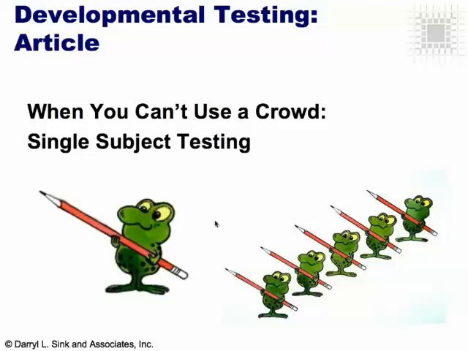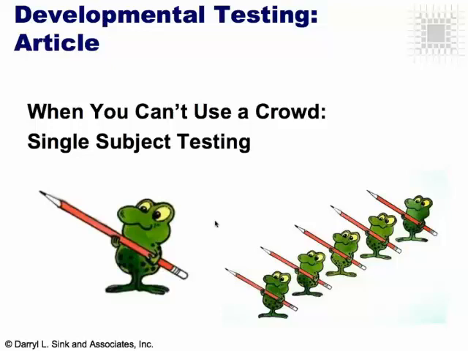Now, here's why small group testing or single subject testing is so important. It's the number of revision cycles you get through that improves the program, not how many people were tested in each cycle. So, if I were to take the approach, well, if this is for group instructor-led training, I want to try it out with 15 people.